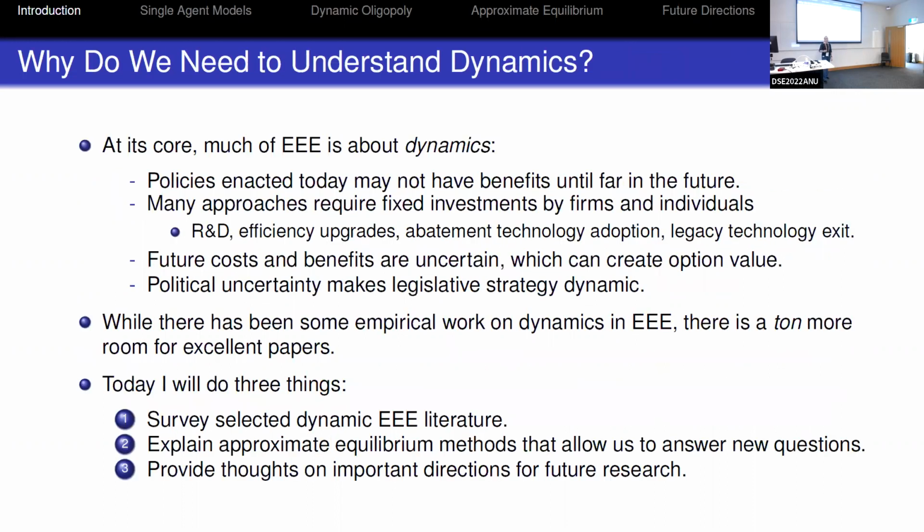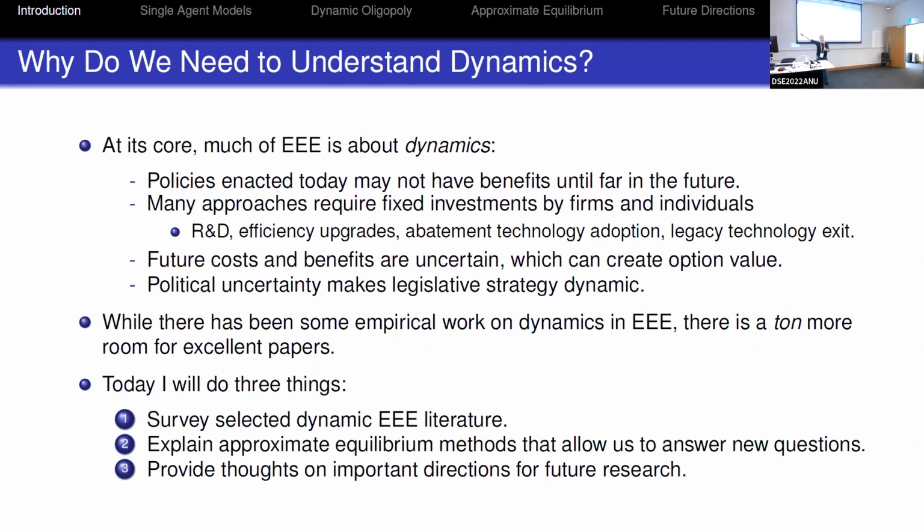So I think that a lot of energy and environmental economics, what I'll call EEE, is about dynamics. Why? Because policies that happen today fundamentally have super long run implications, potentially. I told you, ice age in reverse over the next 100 years. None of us are going to be around in 100 years, unless something crazy changes on health, but I don't study that. But fundamentally, there's a lot of fixed investments, and we have to decide when to undertake them.